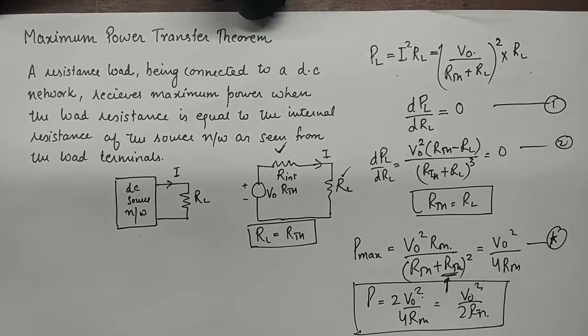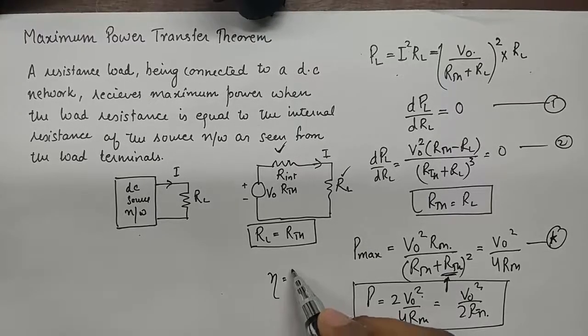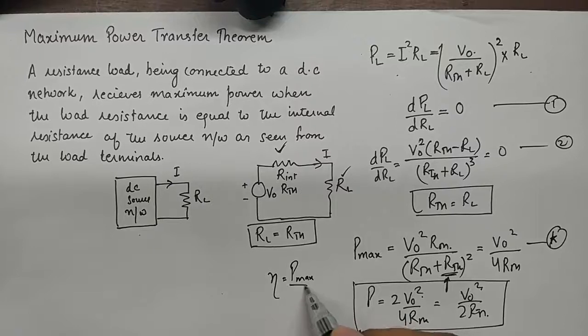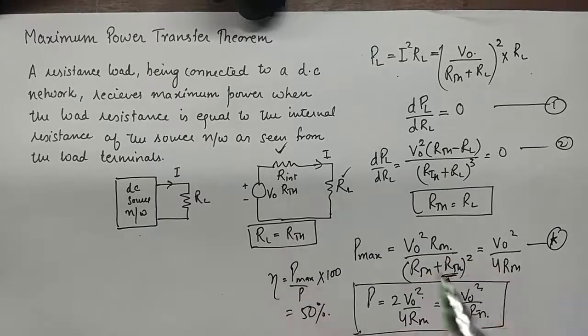And the efficiency of this network will be P max upon P into 100, which turns out to be 50%. 50% of the power is dissipated at the internal resistance and 50% of the power is dissipated at the load.